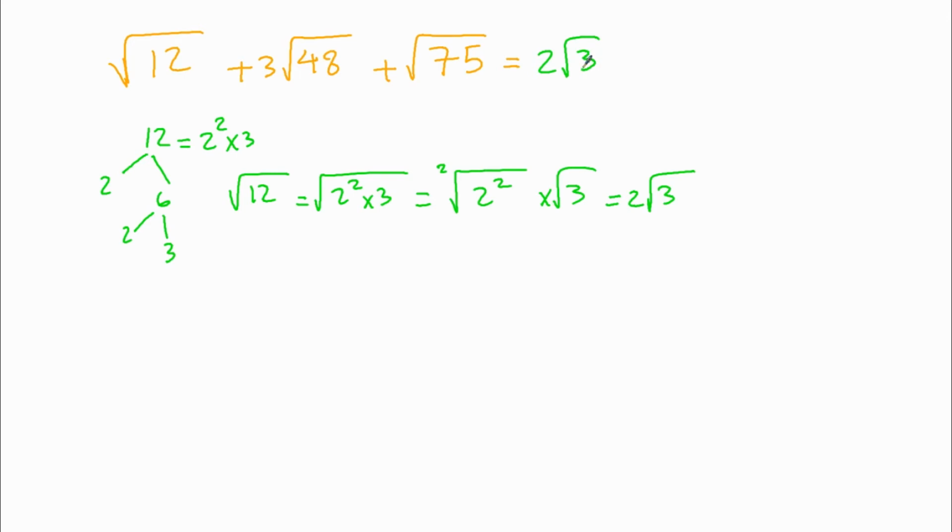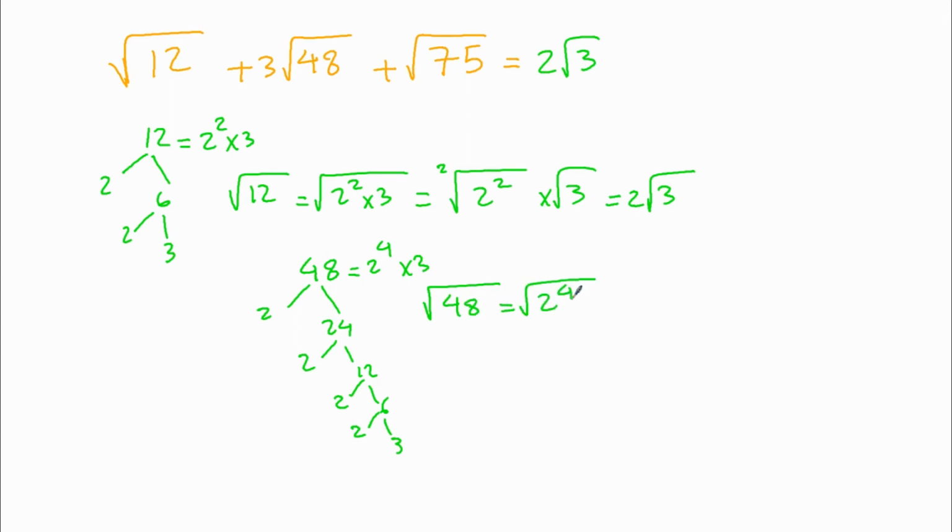Now, in the same way, I want to simplify the square root of 48. Again, if I look at the prime factors, 48 divided by 2 is 24, then 12, then 6, then 3. So 48 is 2 to the power of 4 times 3. So the square root of 48 would be the square root of 2 to the power of 4 times the square root of 3.